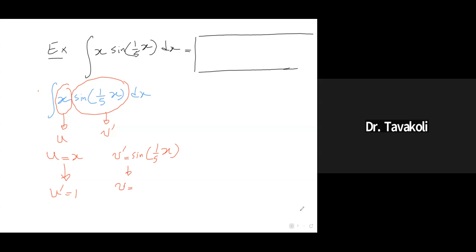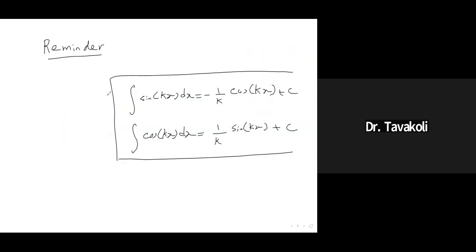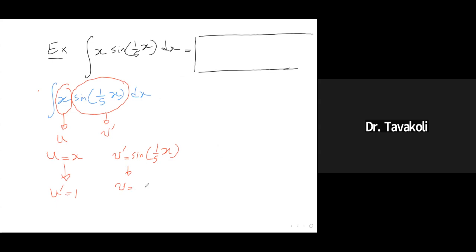Do you remember this formula? Antiderivative of sine of kx is minus 1 over k cosine of kx. In this example, that k is 1/5. So minus 1 over k, minus 1 over 1/5. And 1 over 1/5 is 5, right? So that's why here we see 5.